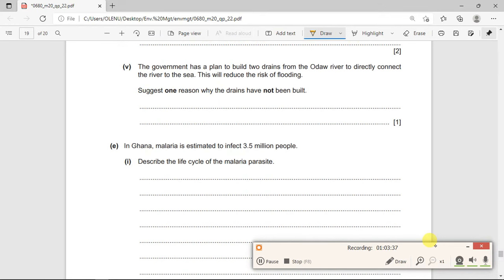into the river. Now, next, the government has a plan to build two drains for the Odao River to directly connect the river to the sea. This will reduce the risk of flooding. So just give one reason why the drains have not been built. One might be lack of funds.